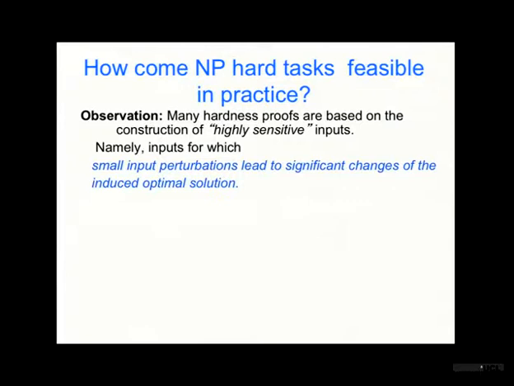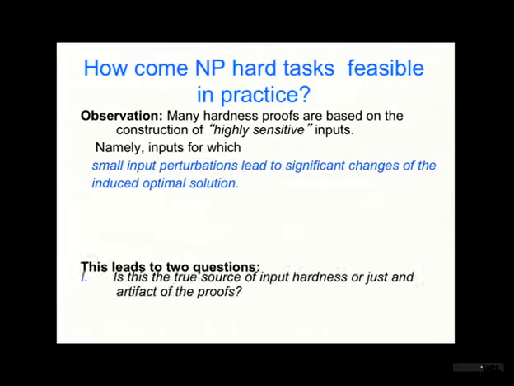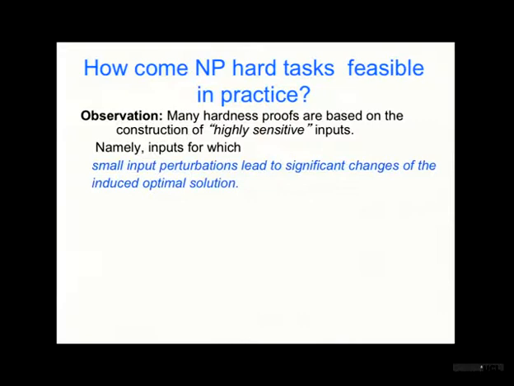And one thing that one can notice about those gadgets that people construct in order to prove hardness is they are sensitive to perturbations. So in such inputs, usually if you do a small perturbation of the input, the answer changes. It's an input very sensitive to small changes, it will change the answer from yes to no.